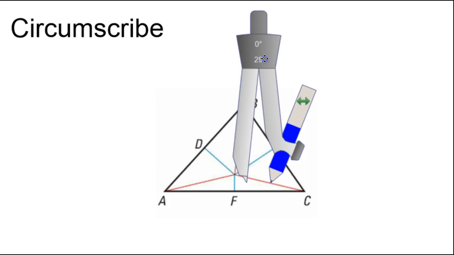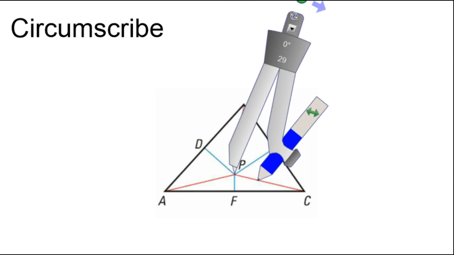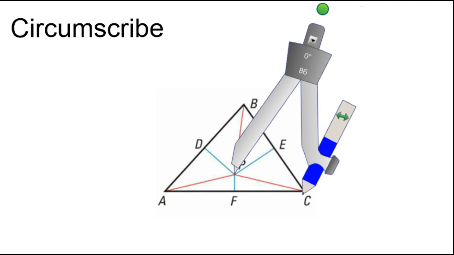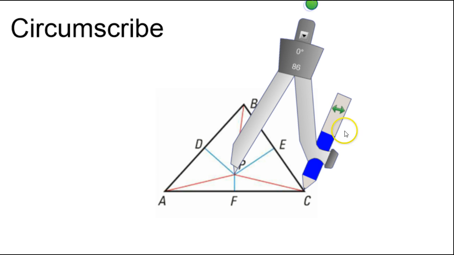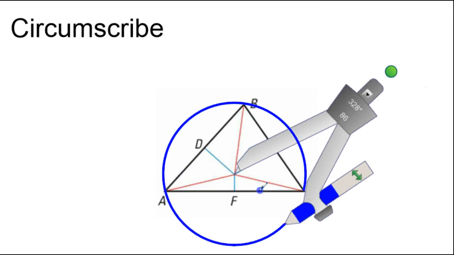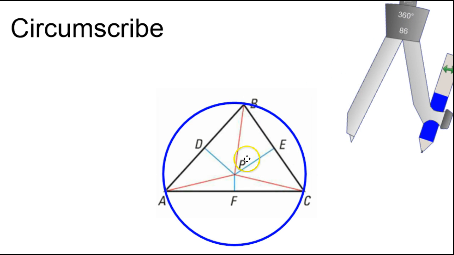I'm going to go ahead and align it again at the center. I'm going to figure out the correct size to this vertex, and I'm going to use that as my radius. So this becomes the radius of my circle. If I were to continue drawing a line, there it is, I actually circumscribed a triangle in a circle.